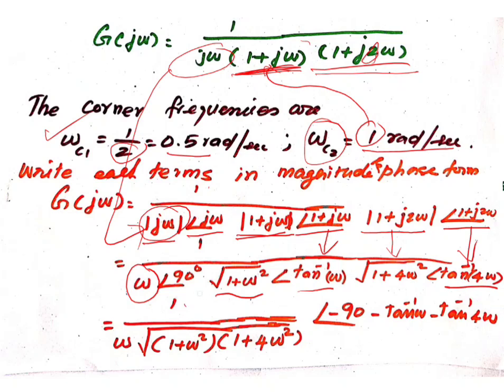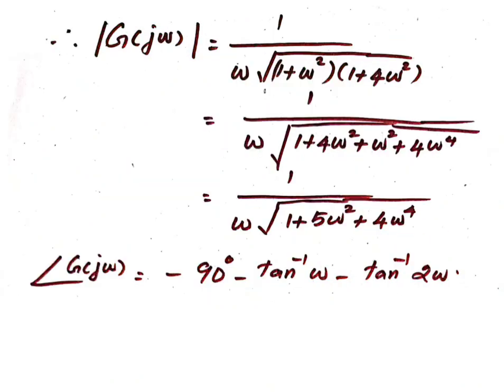I get 1 divided by ω times square root of (1 + ω²)(1 + 4ω²). For the phase angles, since they are in the denominator, the plus becomes minus. So the phase angle is minus 90 degrees minus tan inverse of ω minus tan inverse of 2ω.